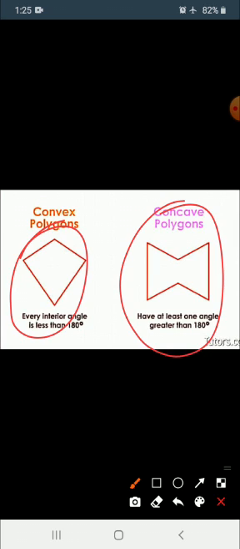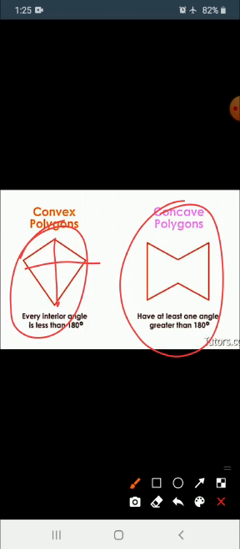All the diagonals should be inside the figure. If you draw diagonals, they will lie only inside the figure. Parallelogram, rectangle, square are all examples of a convex polygon.